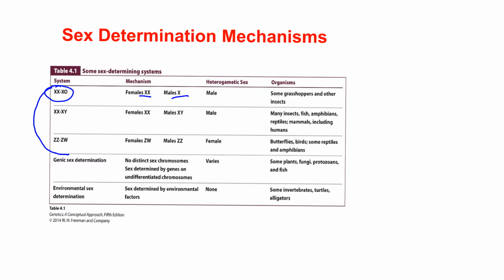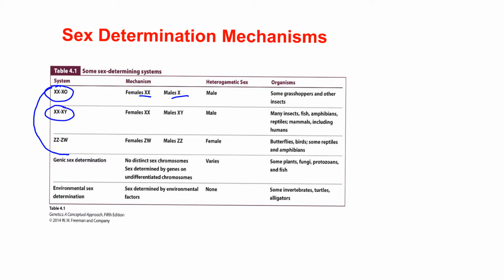However, heterogametism here means that males possess only one X chromosome. So during gamete formation, half of the gametes formed by males will carry an X chromosome and half will only carry autosomes and no X chromosome.